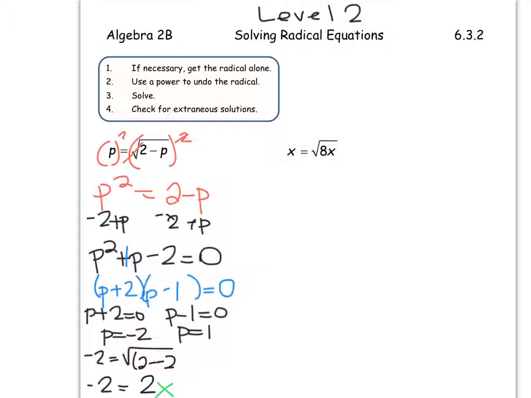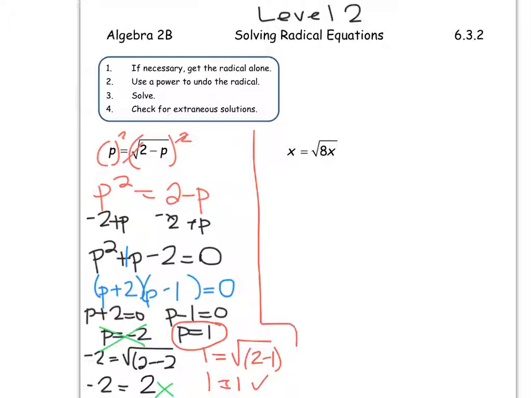Which is not right. So this is an extraneous solution. On the other side, when I put in 1 equals the square root of 2 minus 1, I get 1 equals 1, which does work. So p equals 1 is the only answer.